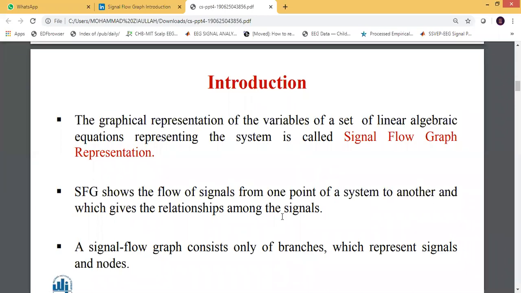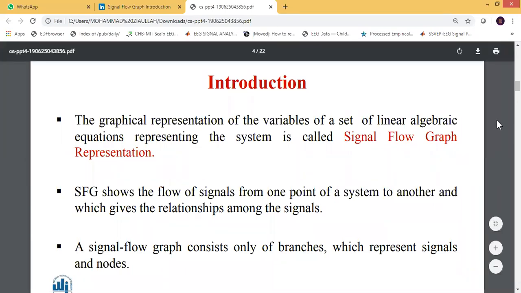If I have more than one signal, it gives us the relationship between the signals, or from one signal to another. But to transform from the block diagram to the signal flow graph, you need to study the signal flow graph, its parameters, and its different sections.